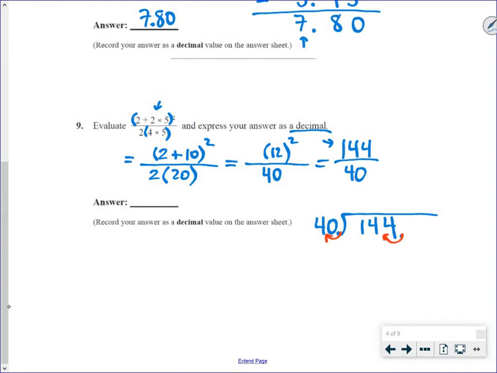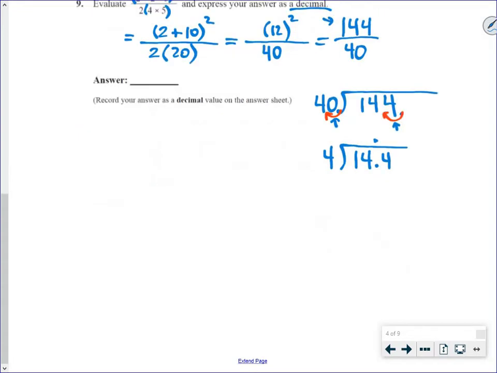So the equivalent problem there would be 4 into 14.4. So if you find that easier, you can do that. I think I will as well. So long as you are moving the decimal inside and outside the same number of times, that's all you got to do. And then it's an equivalent problem.